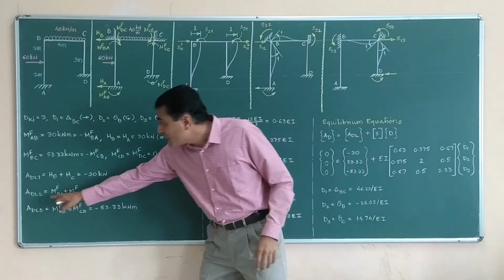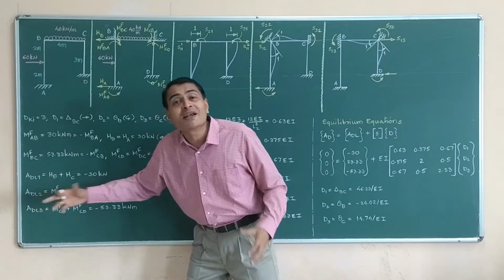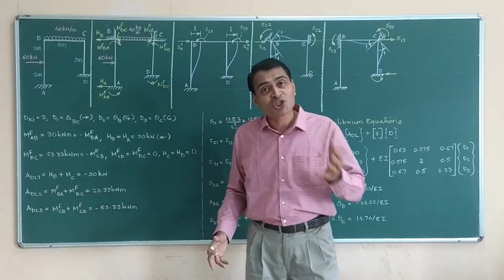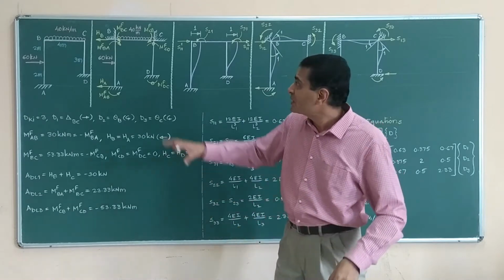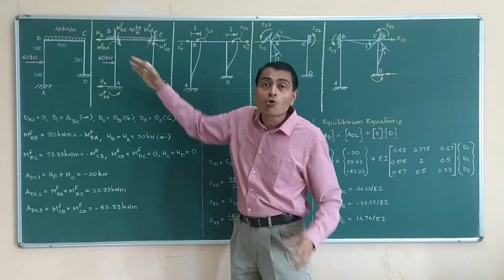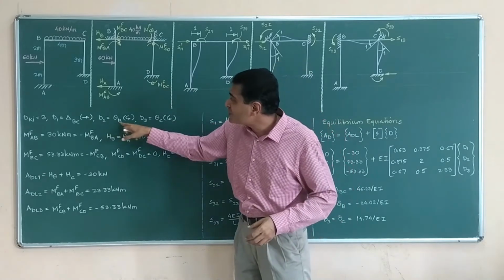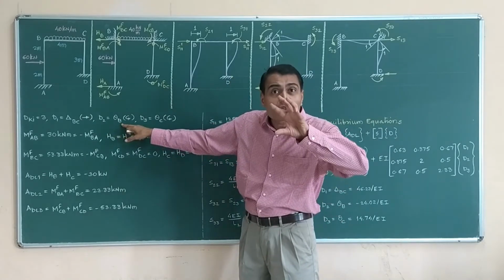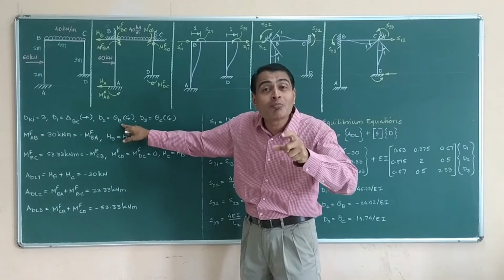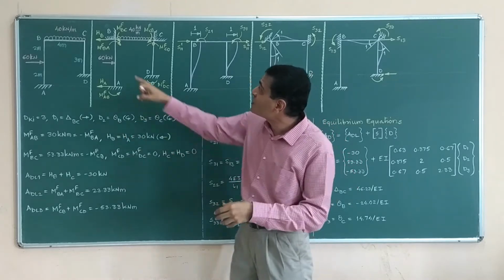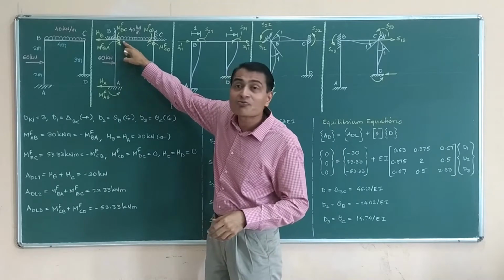For example, how have I written ADL2? ADL2 is what? It is action corresponding to D2 because of loads in the restrained structure. What is D2? D2 is theta B. D2 is rotation at B point. So I am concerned with couple moments at B point. So I am concerned with MFBA and MFBC.